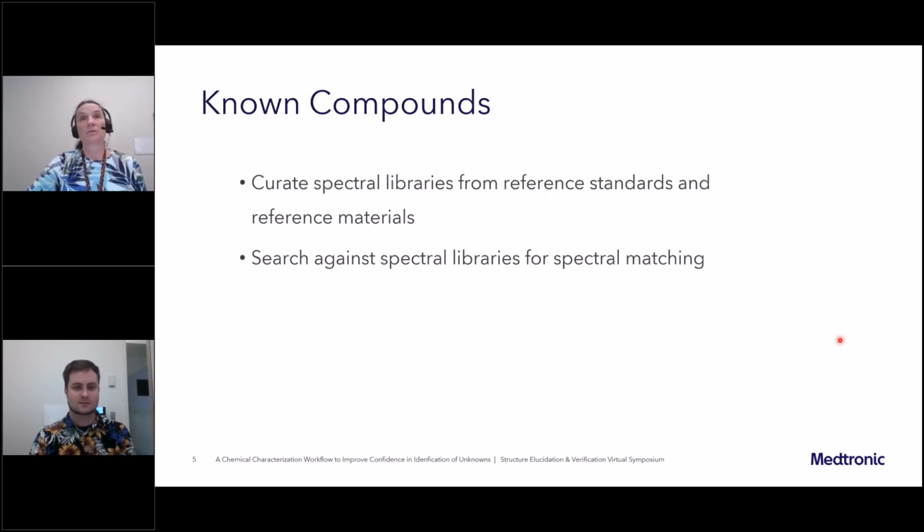And we do an exaggerated extraction of those in different solvents, and we create a spectral library so that the majority of compounds that would need to be identified we are hoping are covered by our reference materials.